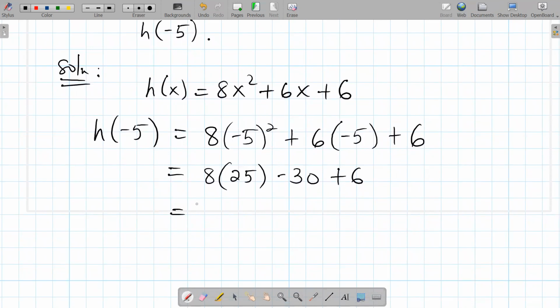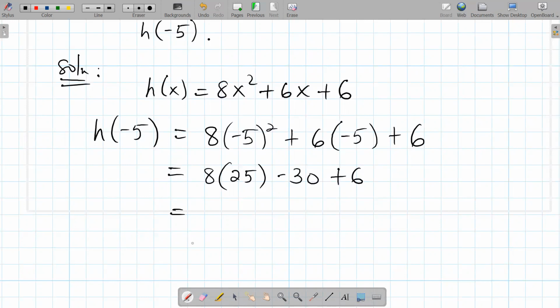Then we want to multiply 8 by 25. 25 by 4 gives you 100, and so if it is 8, it should be 200.